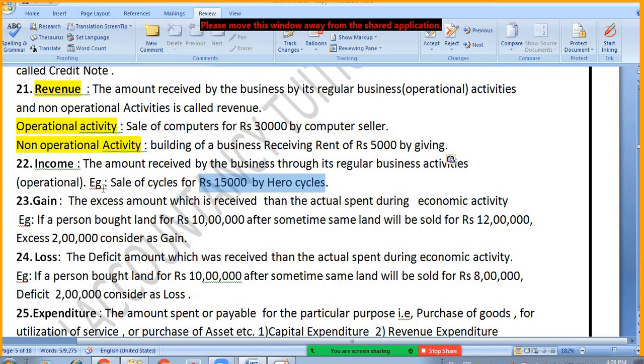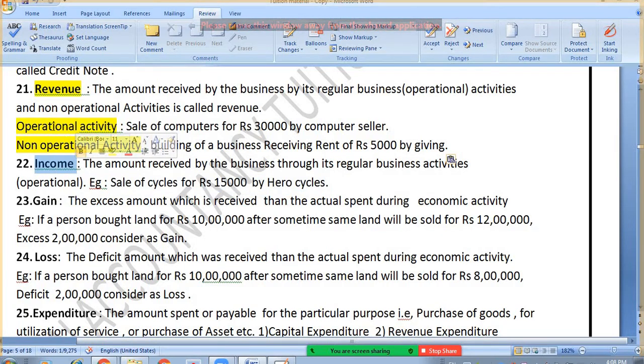This is a regular activity for Hero Cycles, so the amount generated through their regular activity can be considered income. But revenue includes both operational and non-operational amounts, whereas income includes only regular business activity, right?